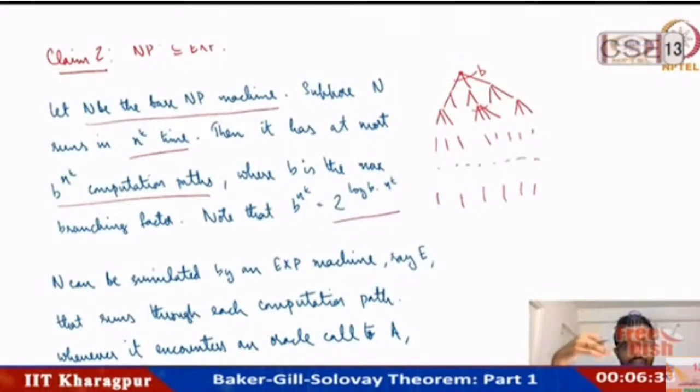The only thing is that it is not simply an NP machine, but an NP machine with an A oracle, right? So at a particular point, it may say query A. So it is not just a matter of going down each computation path. It may say query A in many places, so these queries also have to be performed, but the EXP machine doesn't have access to any oracle, which means it has to run the decider for A, or check for membership in A by its own means.